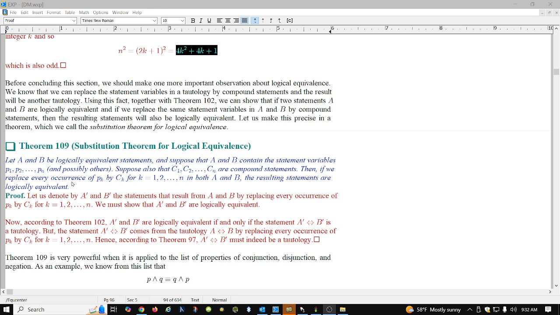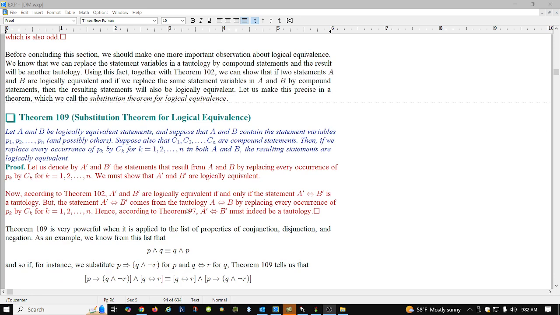Then, if we replace every occurrence of Pk by Ck, for all the k's, 1 to n, in both A and B, the resulting statements are also logically equivalent. And the proof takes advantage of the earlier theorem, Theorem 102.